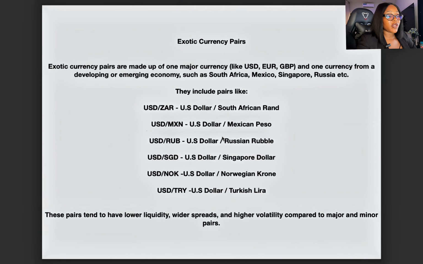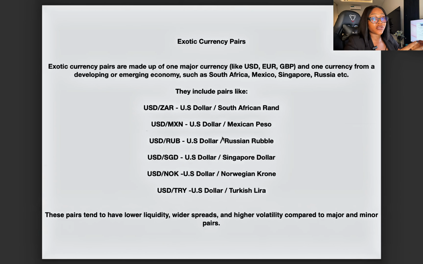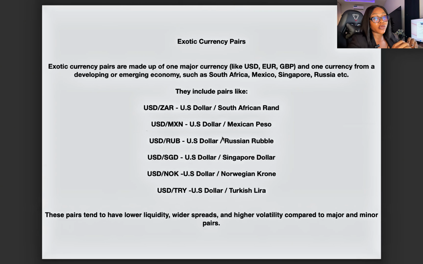We have USD MXN, that is USD versus the Mexican peso, USD SGD, Singapore dollar, etc. These pairs have lower liquidity, that is, not a lot of people trade them. They are not very frequently traded, but they have high volatility, which means that when you trade such pairs, they can easily make you a lot of money because their volatility is quite high.